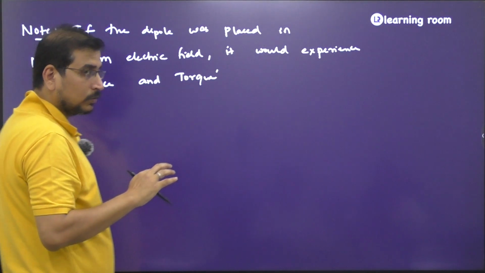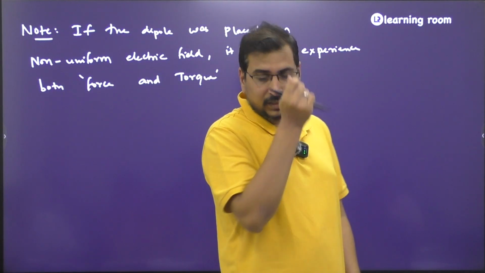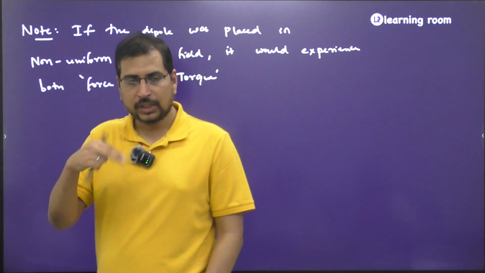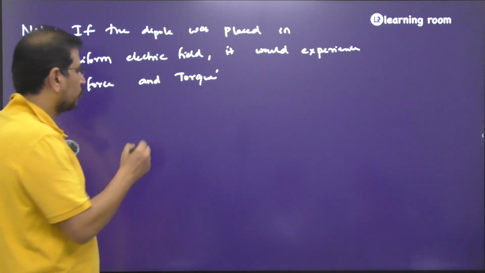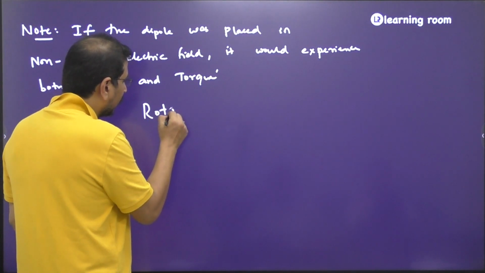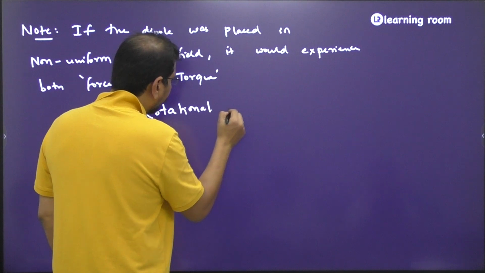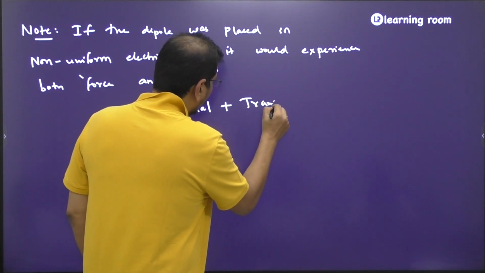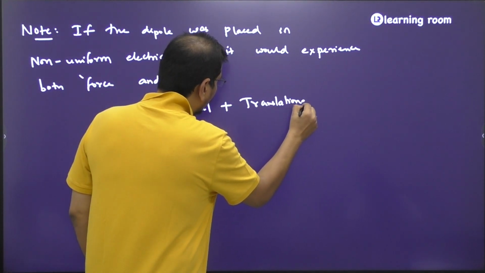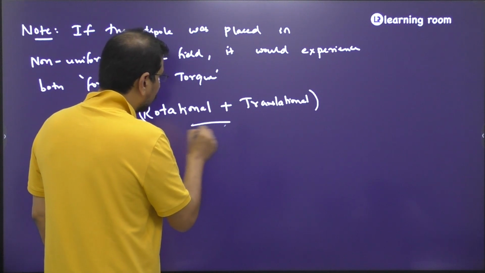It would experience both force and torque, meaning the system will have a combined rotational and translational motion. So to put it simply, you will have a rotational plus translational motion.